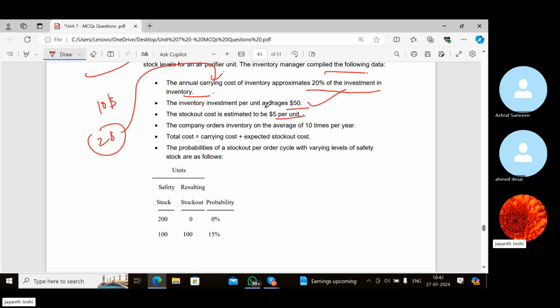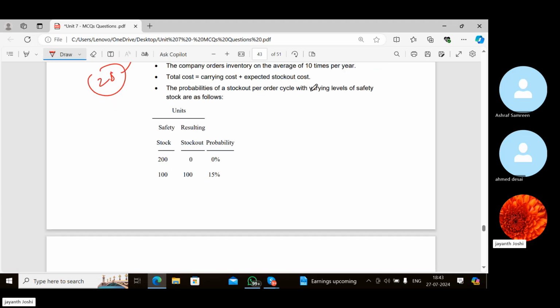If at all there is a stock out, they don't have enough stock to sell to customers, they're going to incur a cost of $5. Company orders inventory on the average of 10 times per year. Total cost is always carrying cost plus expected stock out cost. Probabilities of a stock out per order cycle with varying levels of safety stock are as follows.